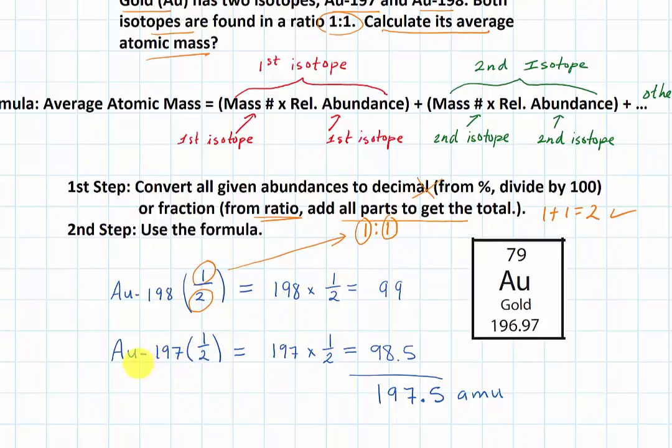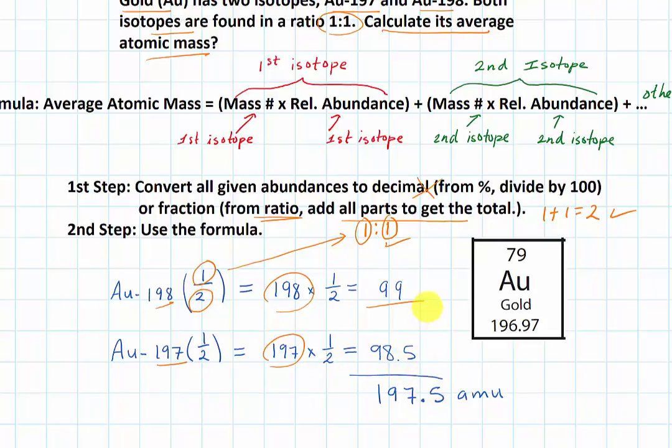We take the mass number given to us right here, times the fraction, 1/2 or 50%, which gives us 99. And then we have 197. Again, the part is 1, so it's 1 over the new total, which gives us 1/2. You take the mass number right here, times the fraction, which gives us 98.5.